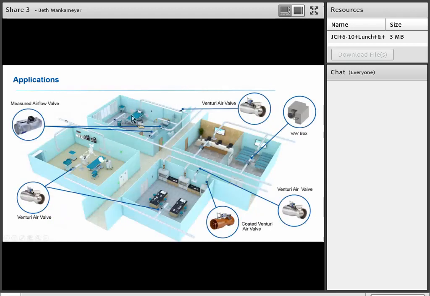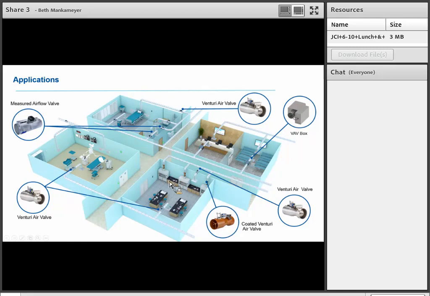And so adding to that, these are the spaces we just saw on the previous slide. But adding to that, we might have another type of meeting area here, an operating room, and a laboratory. So you can see the other options as well, where we have Venturi valves in the lab, and you have those parasite-coated Venturi valves.